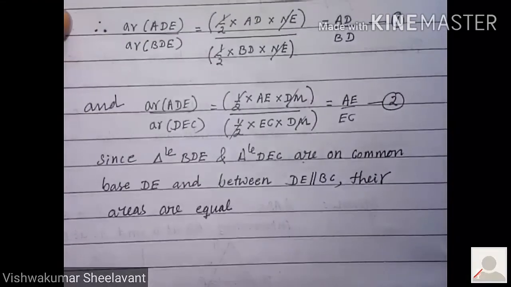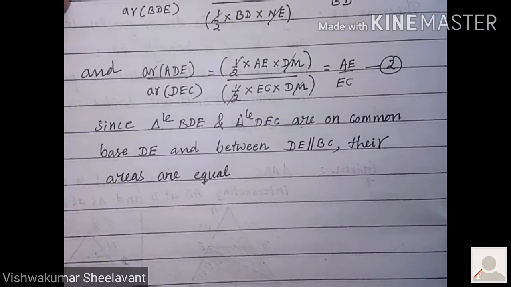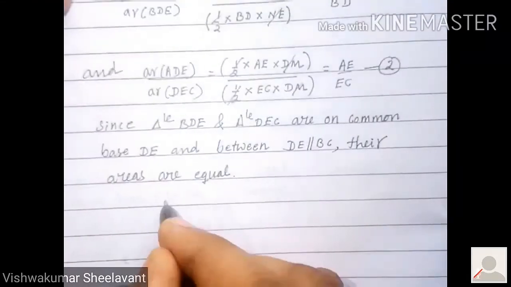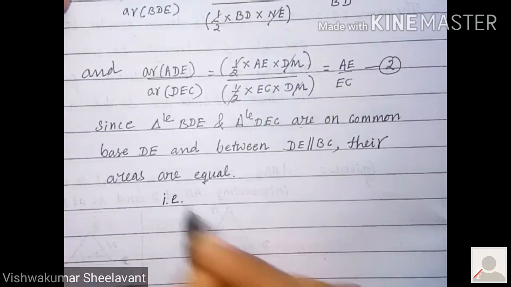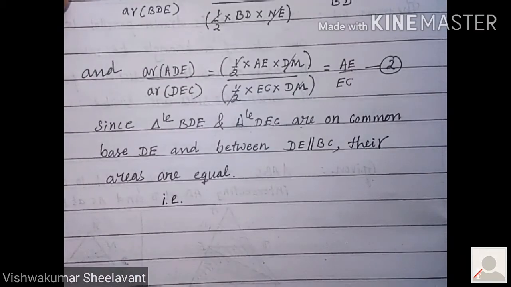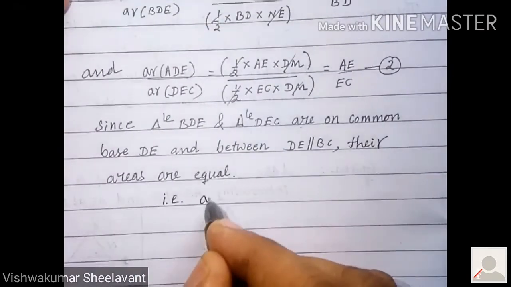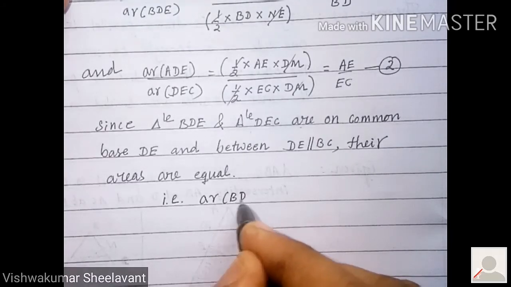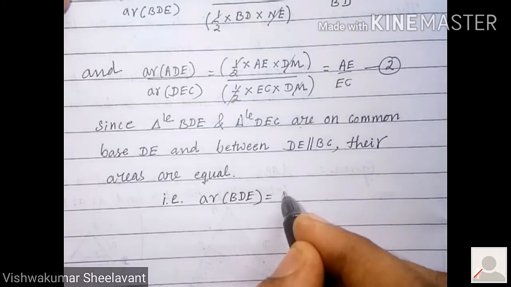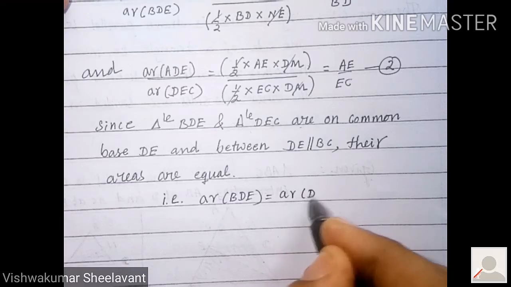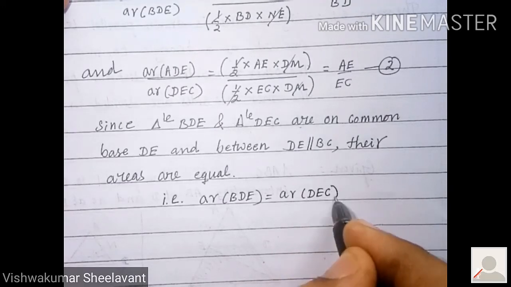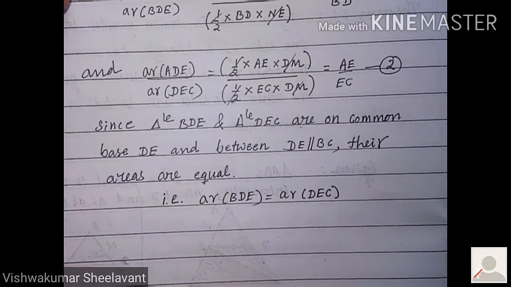Their areas are equal. That is, their areas are equal means what? Area BDE is equal to area DEC. Okay.